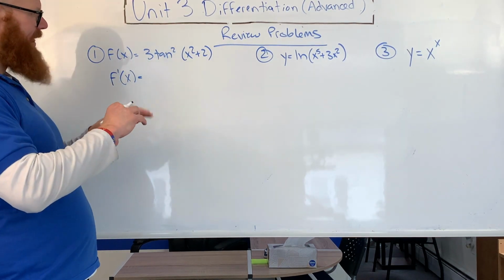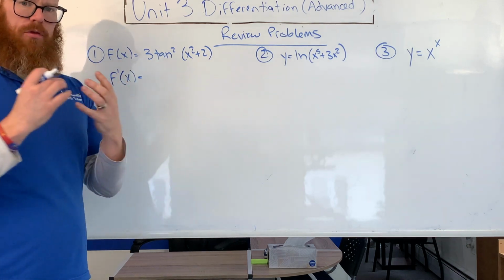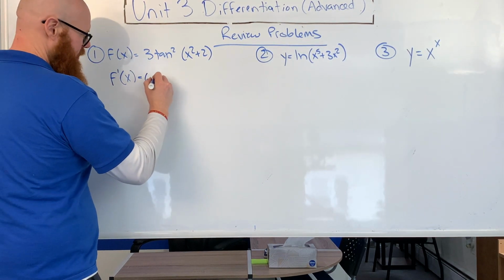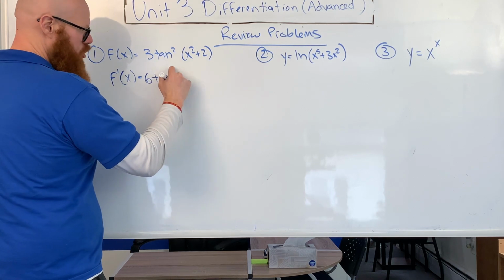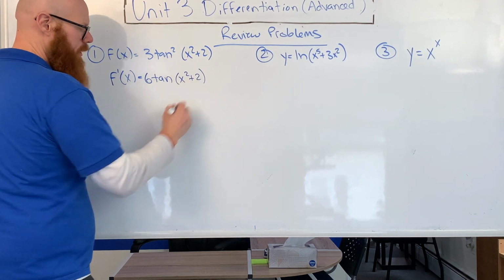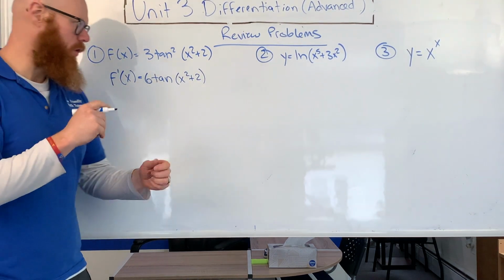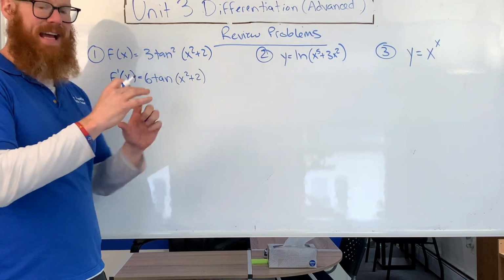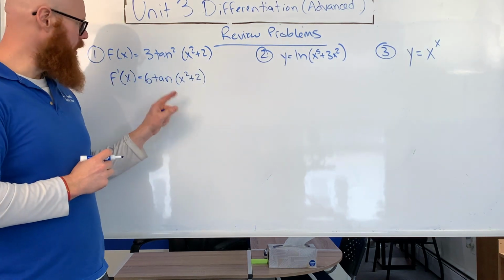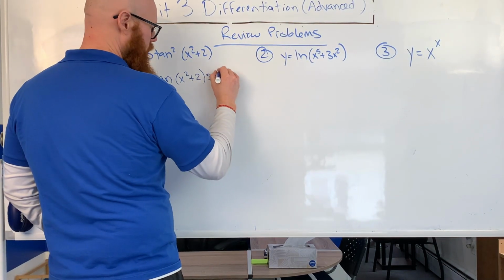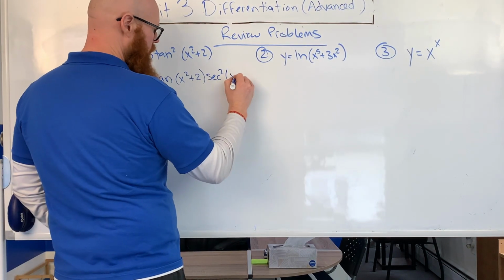So since that's the outermost function, we're going to start with the power rule. So we're going to bring the 2 in front to make 6. Tan to the first power, lower by 1. Everything else stays the same. Tan x squared plus 2. Now we move into the second innermost function, the tangent. So the derivative of tangent is secant squared of x squared plus 2.